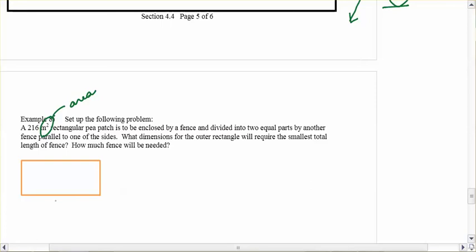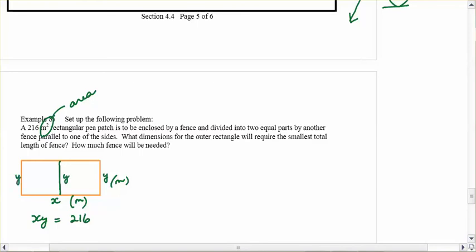So I've got a rectangle that its sides be x and y, and we're dealing in meters. And I know that the area of that rectangle is 216. It's enclosed by a fence and divided into two equal parts by another fence parallel to one of the sides. So let the internal fence be parallel to the side y.